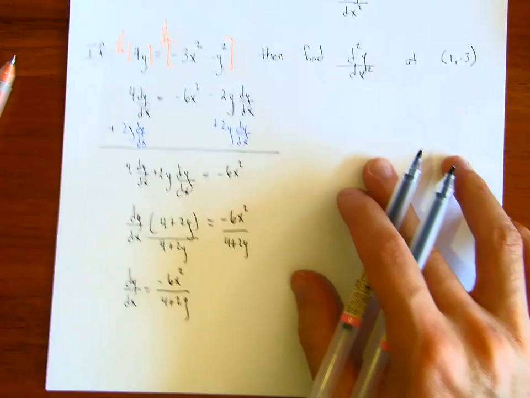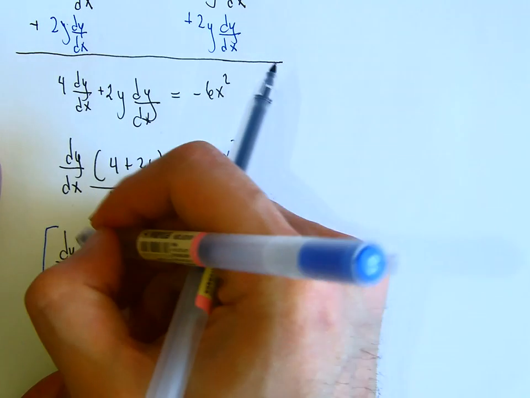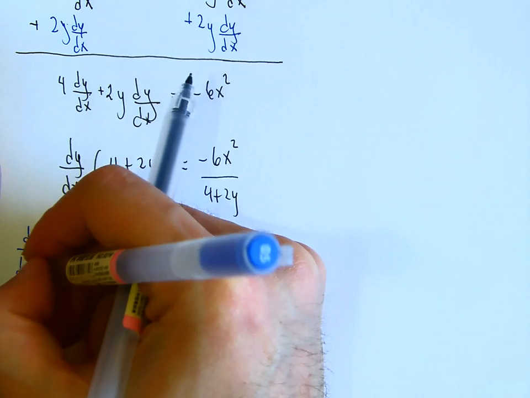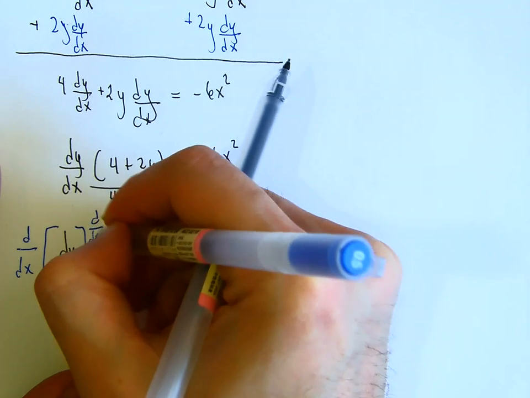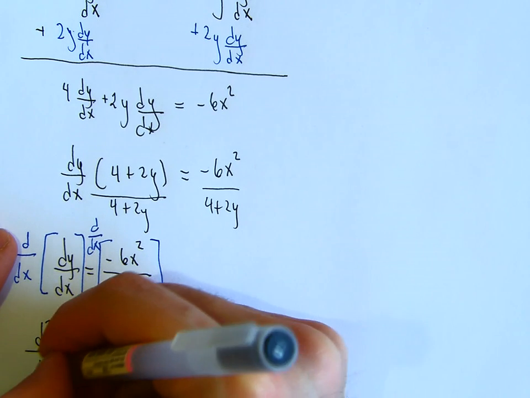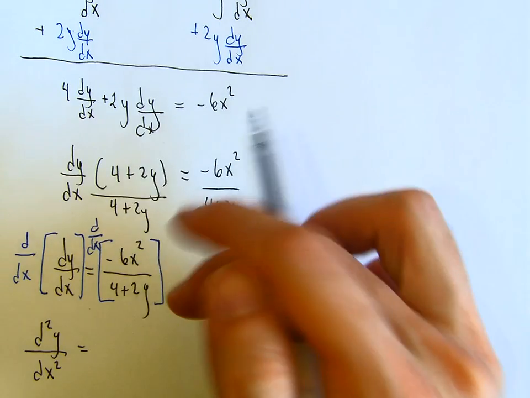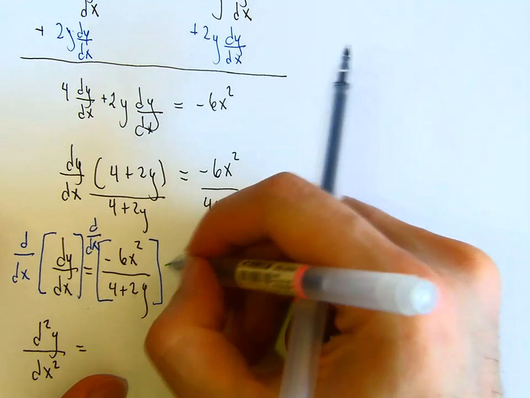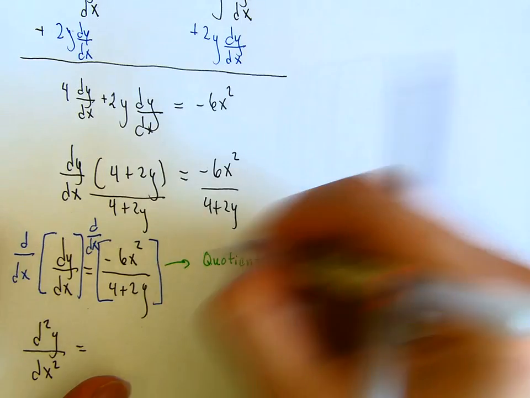Okay? So let's try and do this as fast as possible. Here we take d dx on both sides. So notice that this becomes d squared y over dx squared equals. Now, how do you actually continue with this? You need to use a quotient rule because you have one polynomial divided by another.